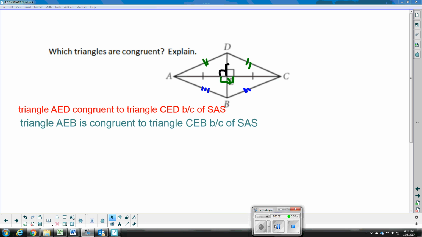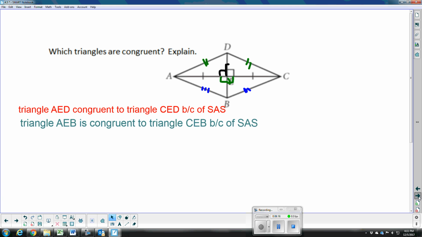Let's see if that actually gets us any further, which I don't think it does. We don't know that this side and this side are congruent, so we can't really go any further. So this is all we really know so far with the conjectures that we have.